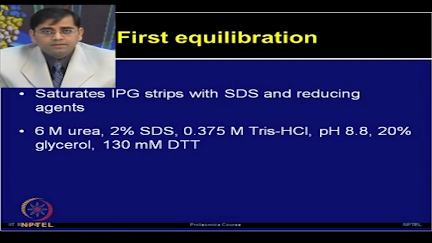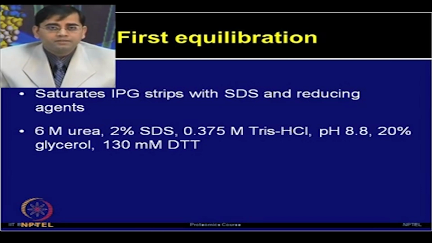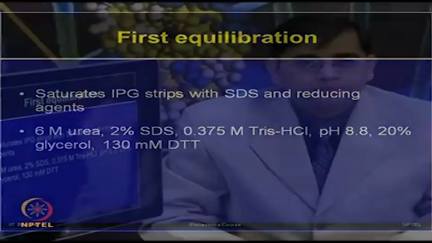Either you add DTT, dithiothreitol, or you add IAA, iodoacetamide. Please note, this recipe is given only for your reference. People try slight modifications of these concentrations and recipes for the equilibration step.